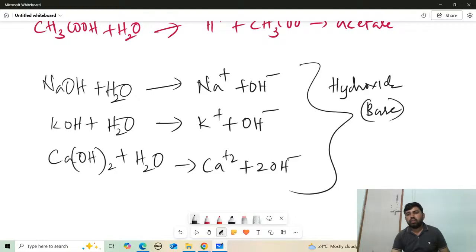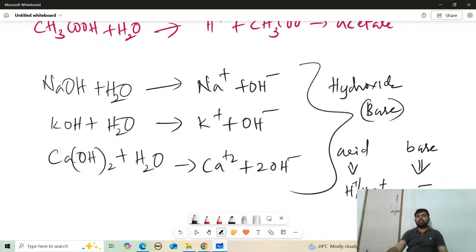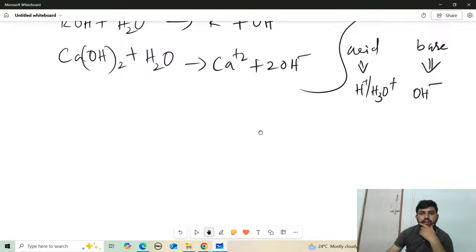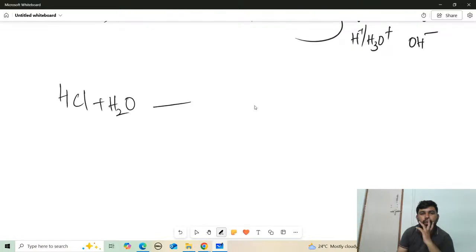So finally, we come to know that if it is an acid, the common ion is H plus, or we can say H3O plus ion. And similarly, if it is a base, the common ion is OH minus. Okay, so this is about this activity. HCl will form H plus, or we can say H3O plus ions, and Cl minus.